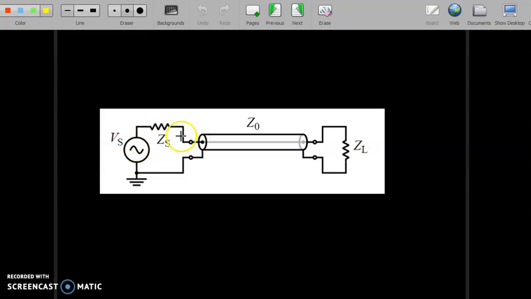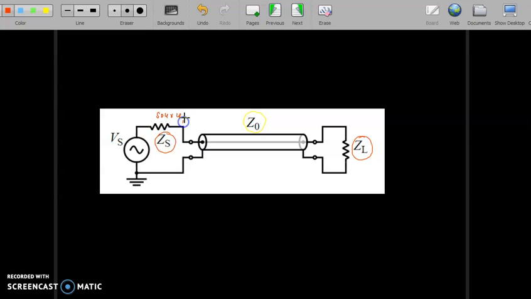and it is transmitting the power from source to the load through a cable. So Z0 is the characteristic impedance of the cable, ZL is the load impedance, and ZS is the source impedance.